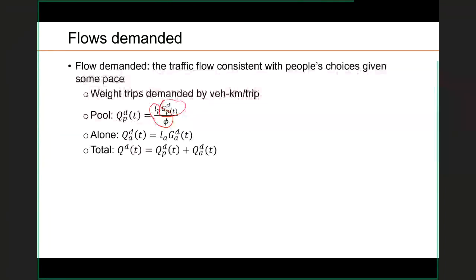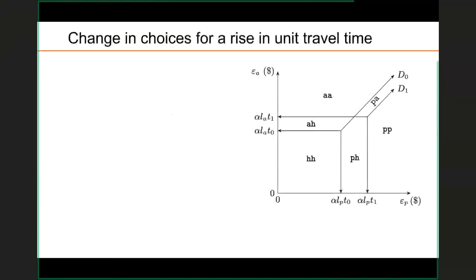That gives us this quantity Q, the vehicle flows of pool trips demanded given this travel time index T. Likewise here, there's no phi because we said the occupancy of an alone trip is just 1. So this is the demanded vehicle flow of an alone trip given a certain unit travel time. When you add the two together, you get the total vehicle flow demanded, which is what winds up mattering for equilibria. Okay, so now we have this QD of T function.